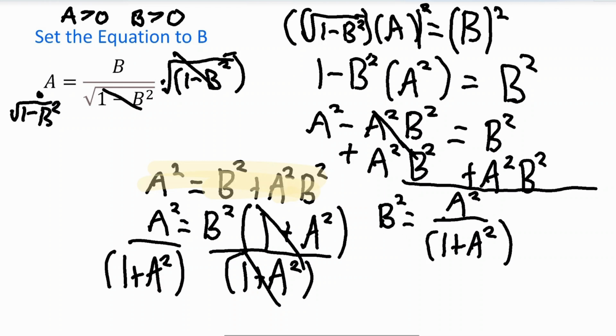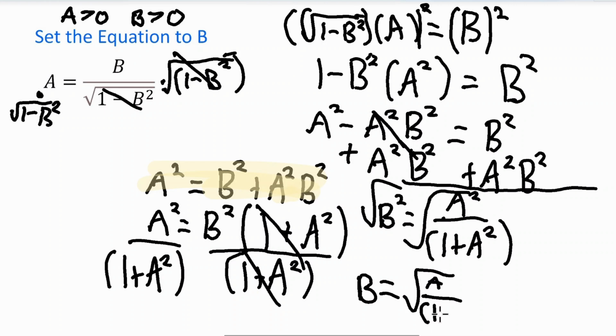There's only one more step, and that is to find the square root. That's how you take out the squared. So let's take the square root of this whole thing. That gives us b is equal to the square root of a squared over 1 plus a squared.